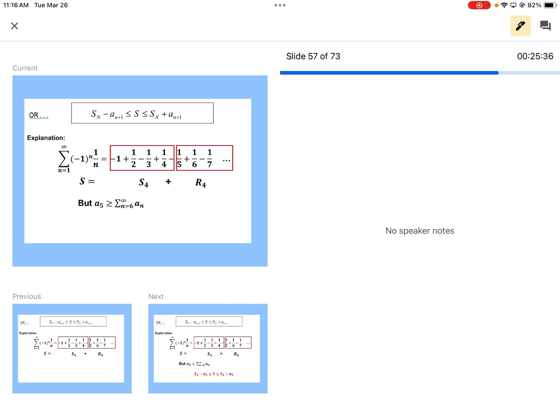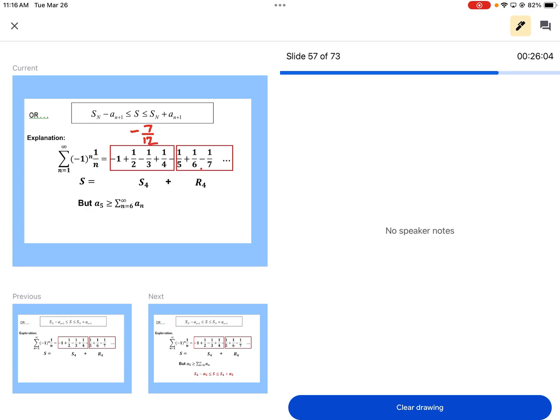So if we set up an actual equation for this, I'm just going to pull out a calculator for you, okay? If we added up the first four terms, our first four terms are -1 plus 1/2 minus 1/3 plus 1/4. Yes? So my S sub 4 is -7/12 if I add up all of these.